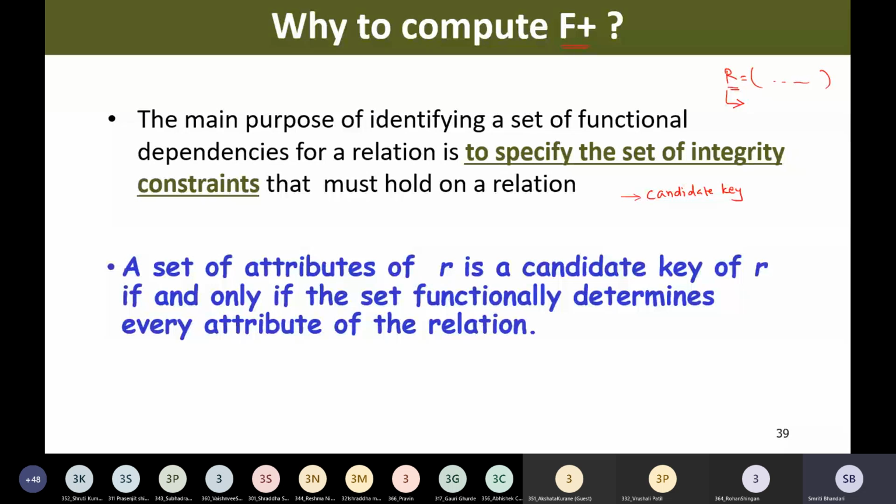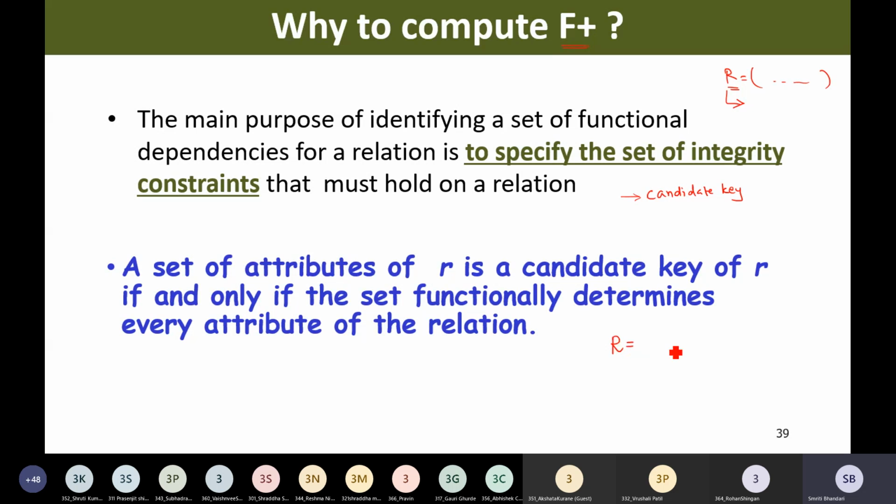A set of attributes of relation R is a candidate key of R if and only if the set functionally determines every attribute of the relation.